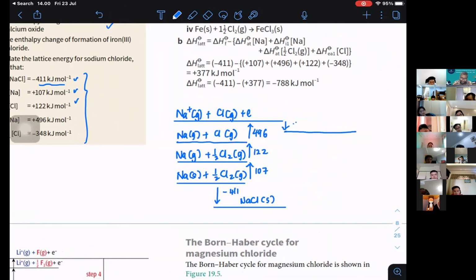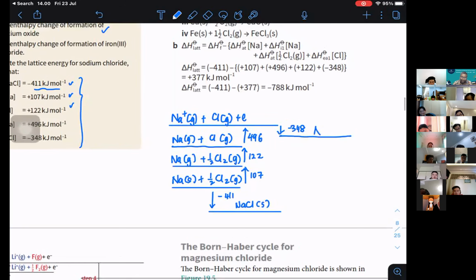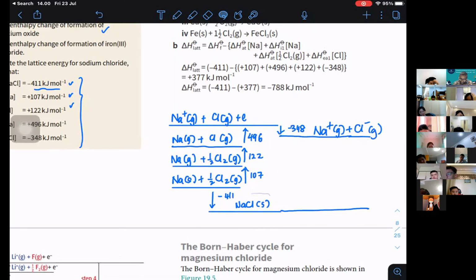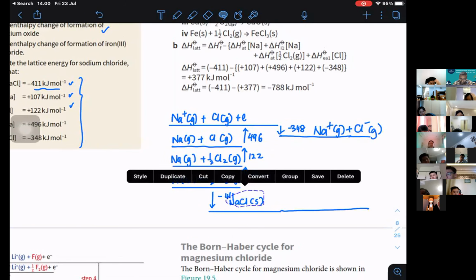So I put negative 348, and it will become Na plus gas plus Cl minus gas. The electron already joined with the Cl, so no more electron anymore. Then you make it longer here. If you want, you can bring the NaCl here, to the center of the line.